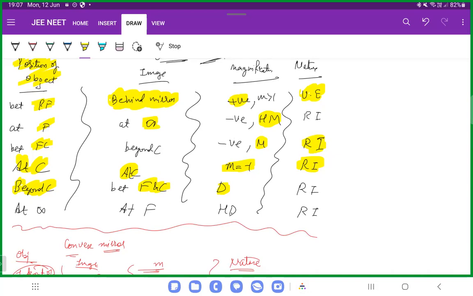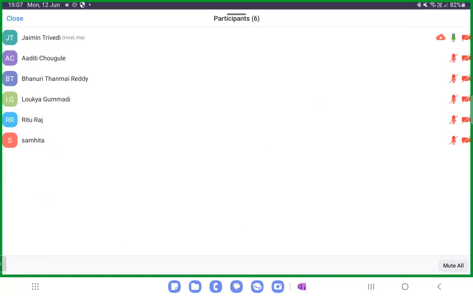Do you guys recall or not? Are you able to recall what we are doing now? Aditi? Are you able to recall these characteristics? Bhanuri, Laukya. What about Rituraj? And Samhita?